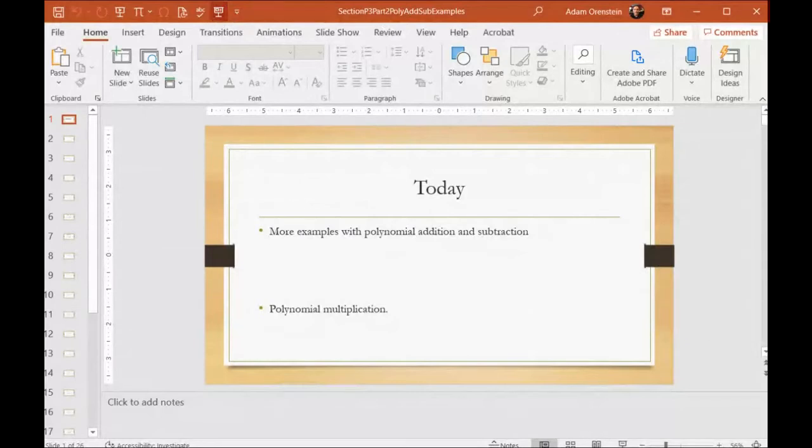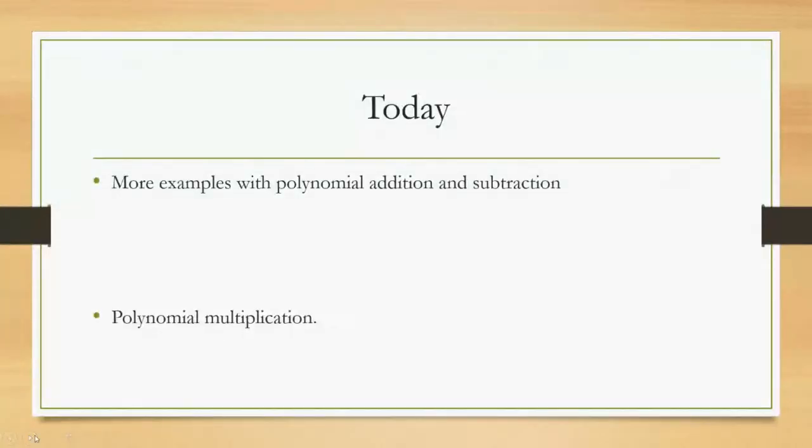Good. So here, what I basically want to do is go through some more examples with polynomial addition and subtraction. What I'm going to focus on is adding vertically. I think the book also calls it the column method, if I remember correctly. So I figured we'd do more examples of that, okay?